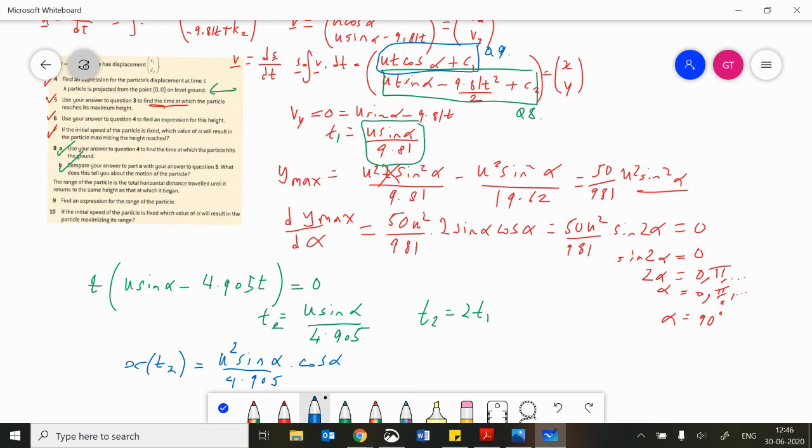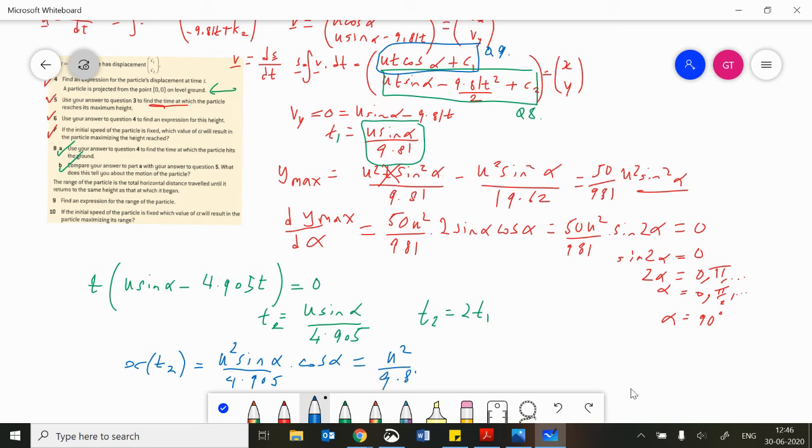We probably want to tidy that one up a little bit. Think about how we can tidy that up. If we times the top and the bottom by 2, then you're going to get 2 lots of this. On the bottom, you're going to get u squared over 9.81.